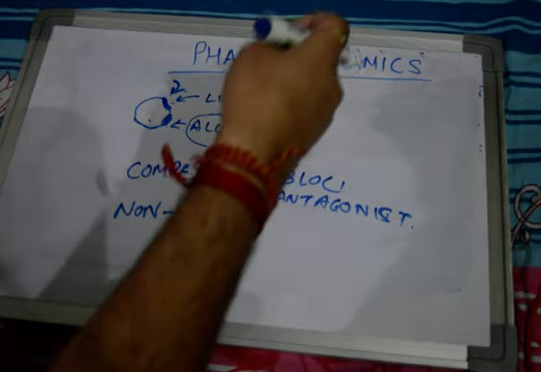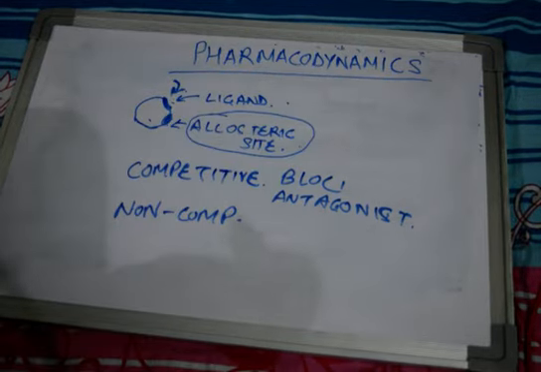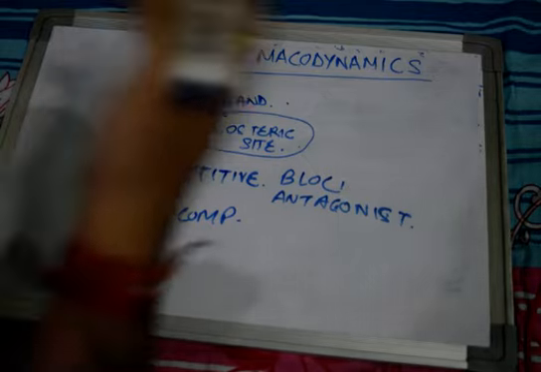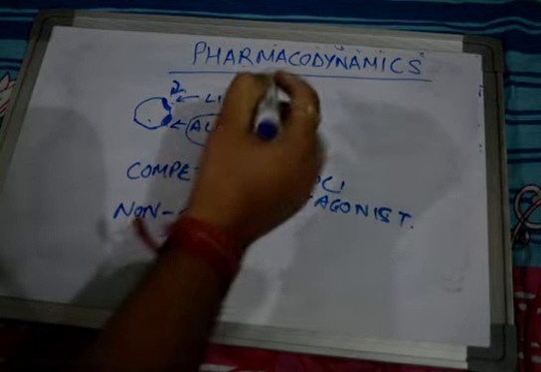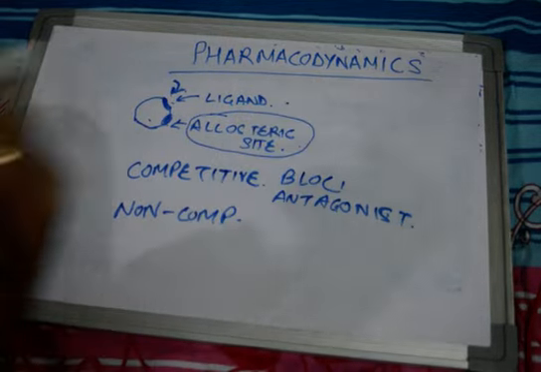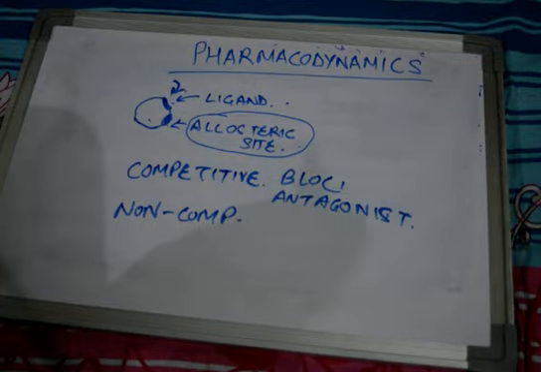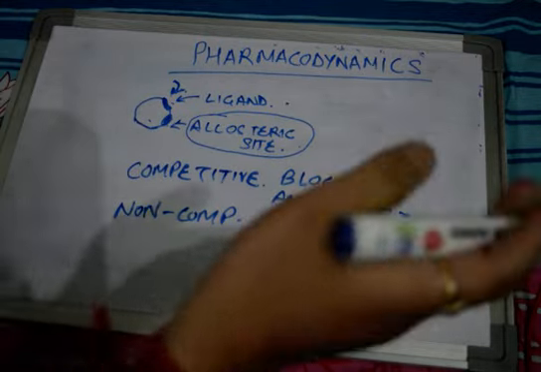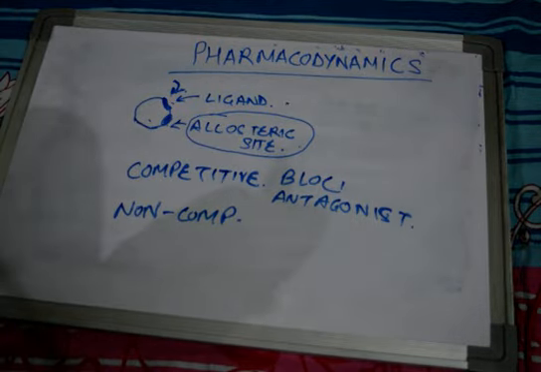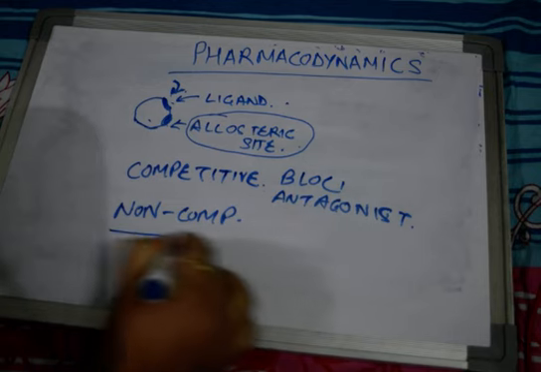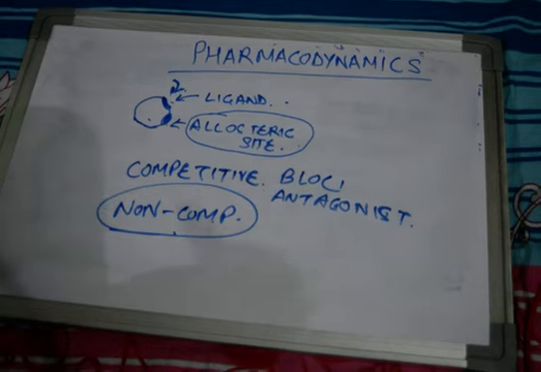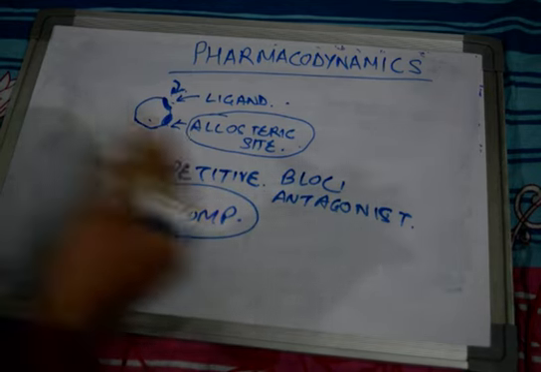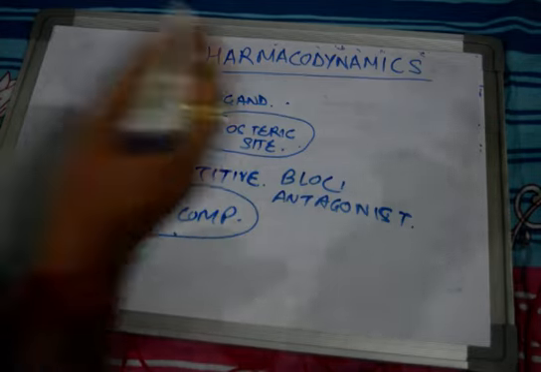If the antagonist is more, the ligand will not be able to bind, and if the ligand is more, the antagonist will not be able to bind. So this antagonism is what we call surmountable. Whenever you add more of the ligand or the agonist, the effect of the blocker will be gone.